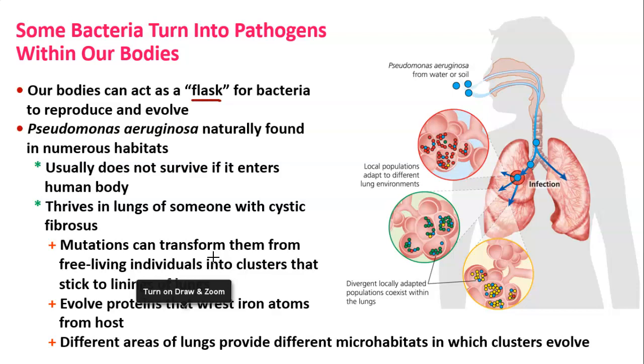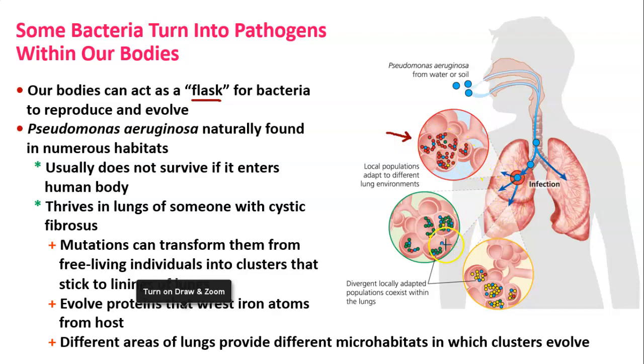So take a look at the figure on the right-hand side of the slide here, study it a bit to see what it's representing. You get Pseudomonas aeruginosa from water or soil coming into one's body, and you get local populations adapting to different lung environments. And you end up getting infection, so then it becomes a pathogen.